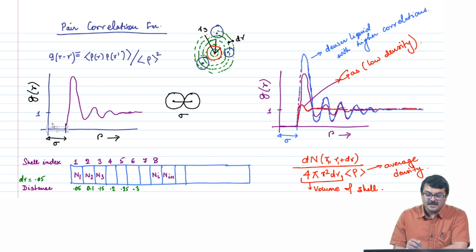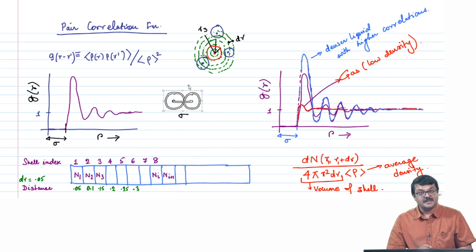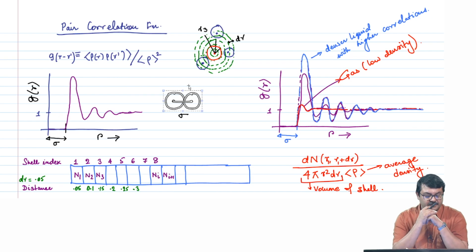And why is that? Because two particles cannot approach each other below a distance where the distance between their centers is approximately equal to their diameter.